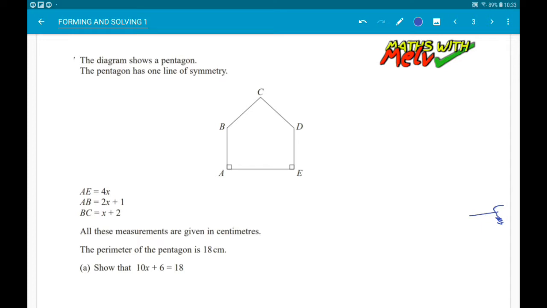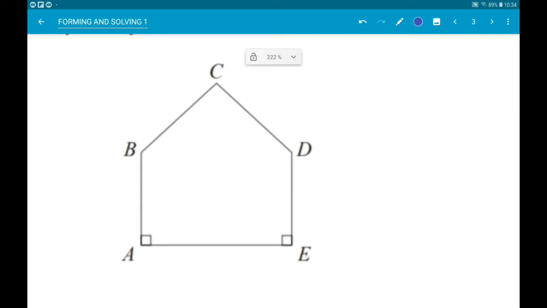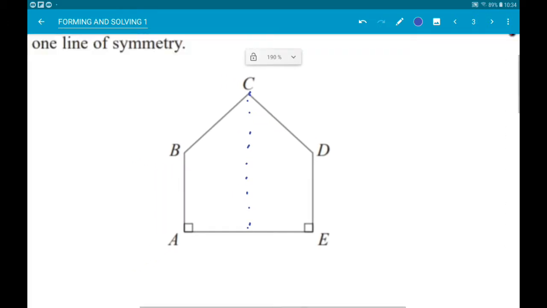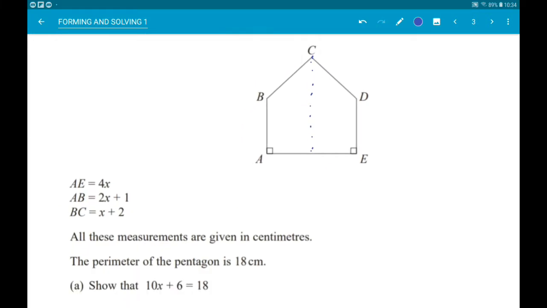So, form the equation. Okay, so, first of all, it's important this guy has one line of symmetry. So we can see that is going to be down the centre. So that means that the lengths on the left are going to be the same as the lengths on the right. So let's put our lengths on.